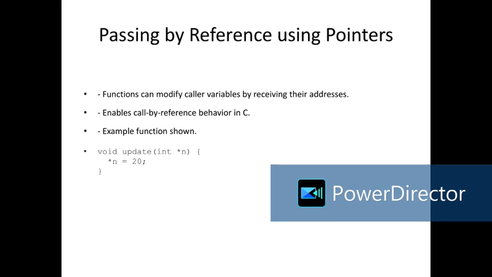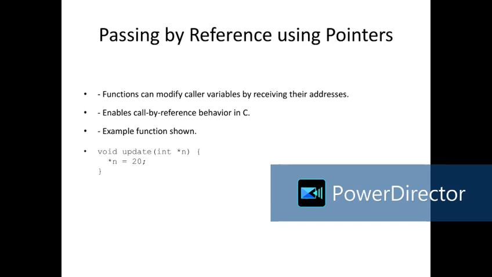A classic example: void update(int *n) { *n = 20; }. Now in main, int a = 5; update(&a); printf("%d", a); the output is 20. We pass the address of a, so *n = 20 changes the original a. This is used heavily in modifying arguments, swapping values, and creating linked lists and trees.